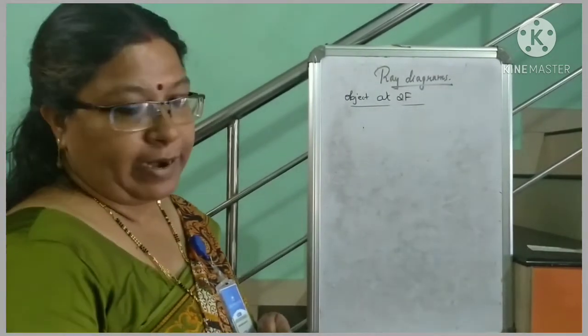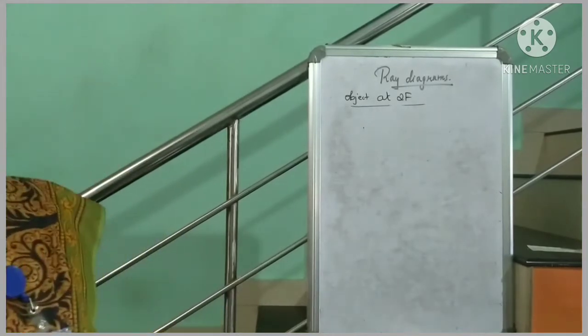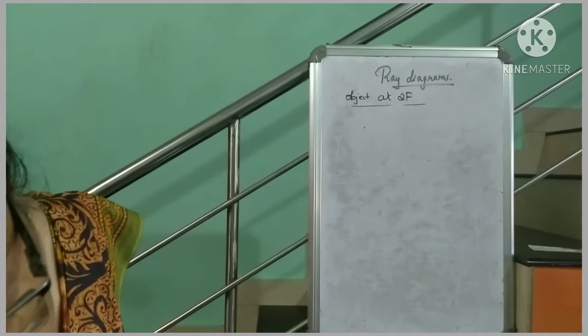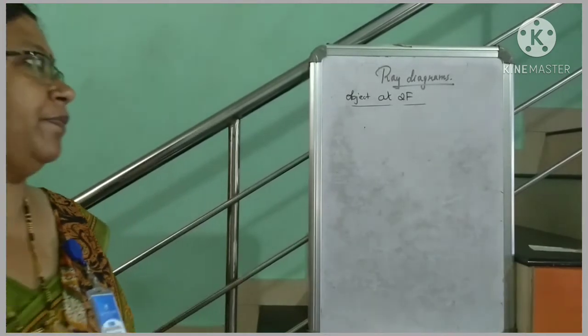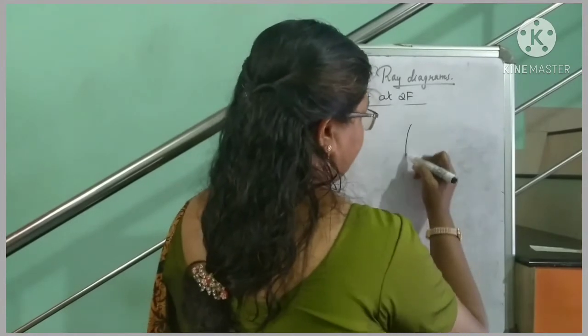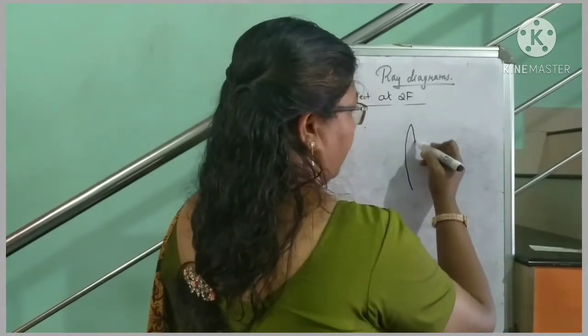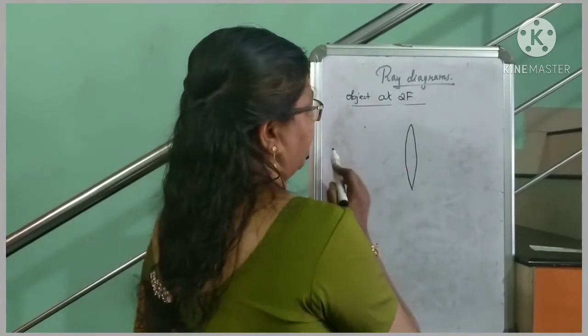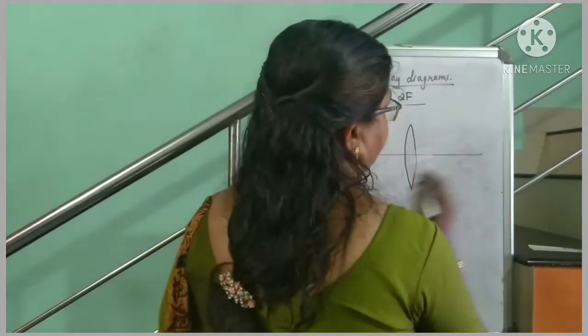So the second one is an object is kept at 2F. So how will you draw the ray diagram? Object is kept at 2F. So again we will draw the convex lens. When you draw the ray diagram, always be careful to draw a thin lens.